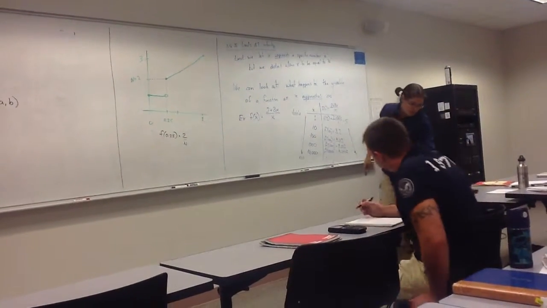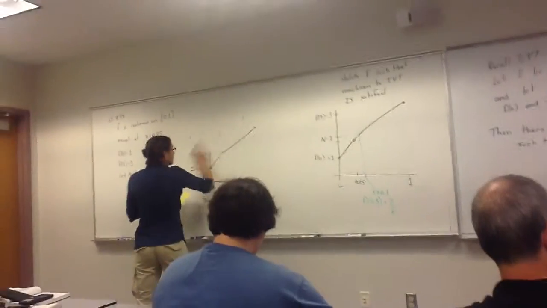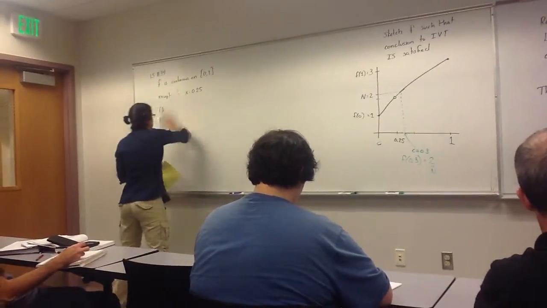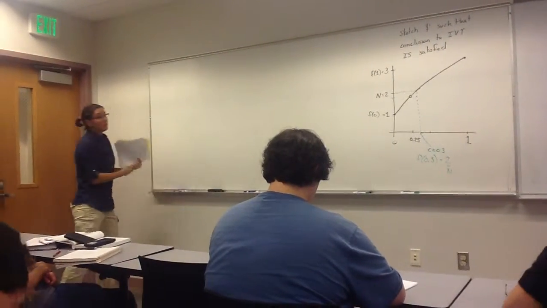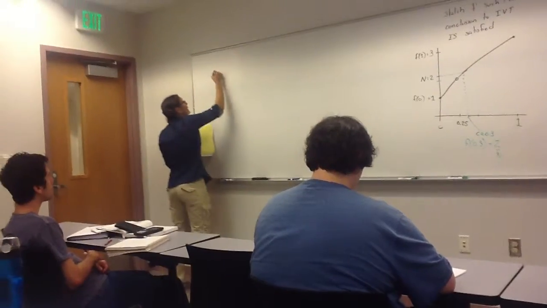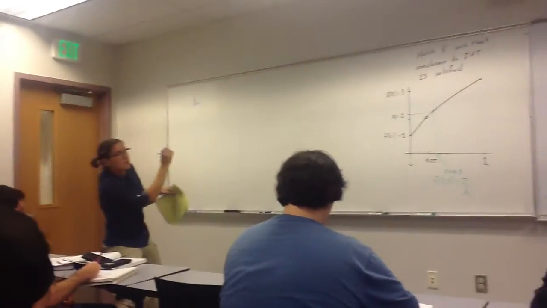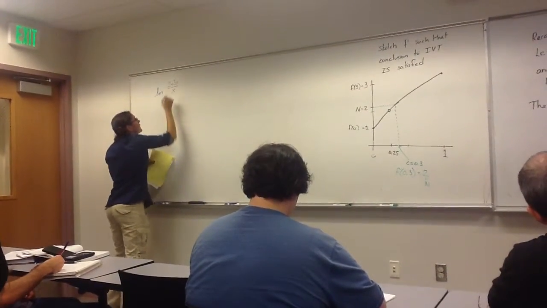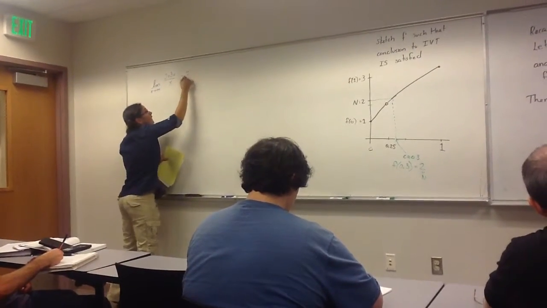And so the way that we would write this is, when we look at that table, we would say that the limit of 2 plus 3x over x, as x approaches infinity, is equal to 3.